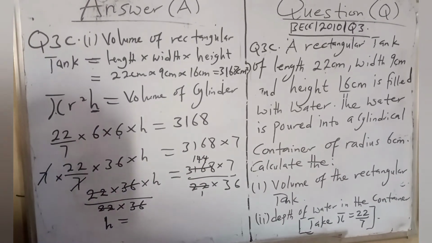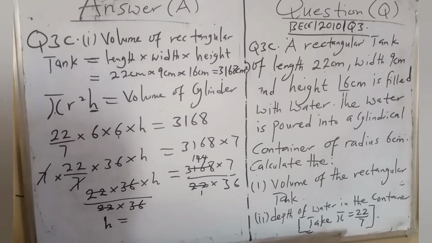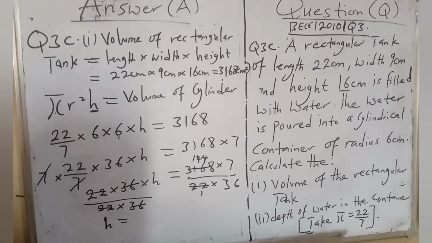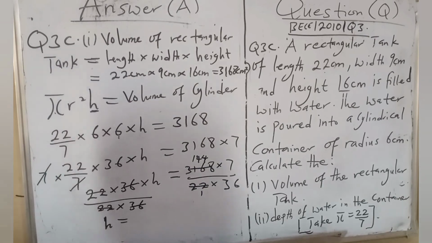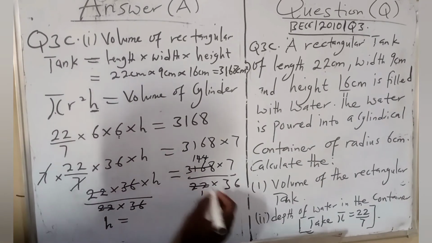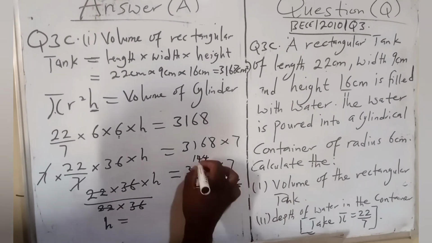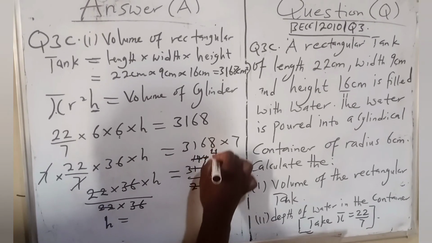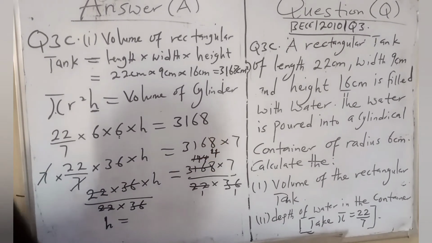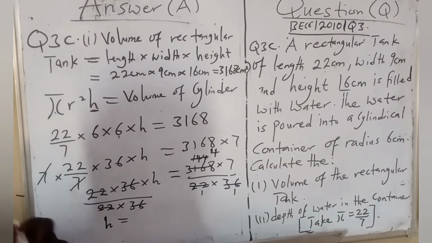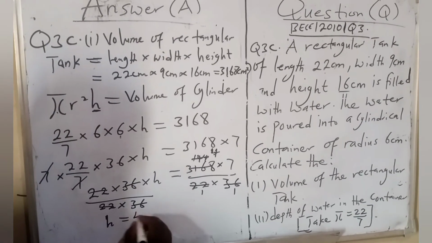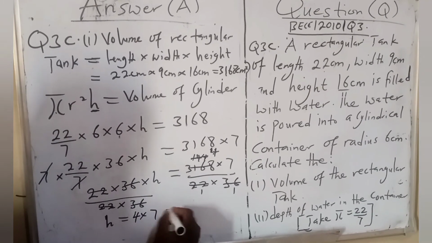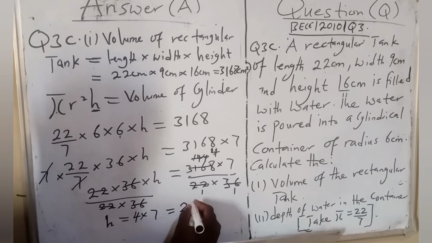When you check very well, you can see that 36 can also enter into 144, and 36 will enter into 144, I think 4 times. So 36 into itself, 1, 36 here, 4. You can do your cross check to see whether the answer is right or not. You now multiply 4 by 7.